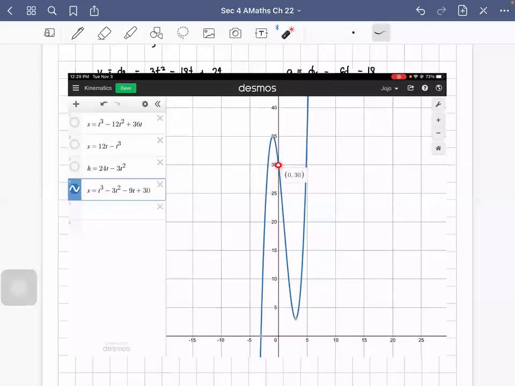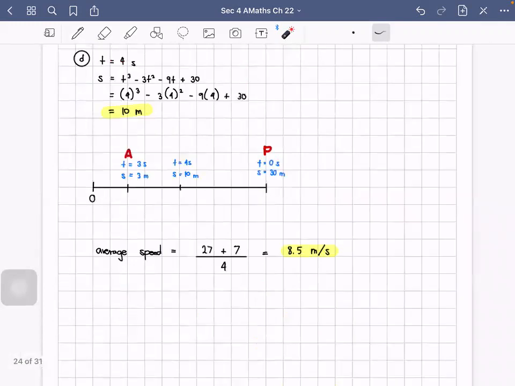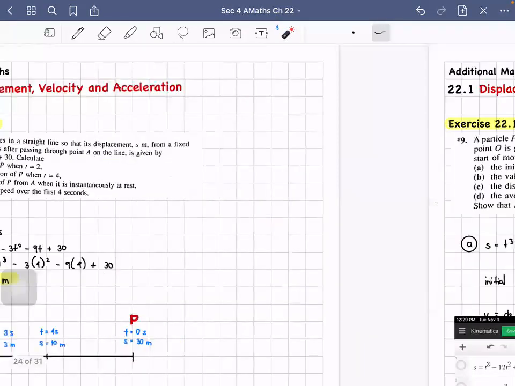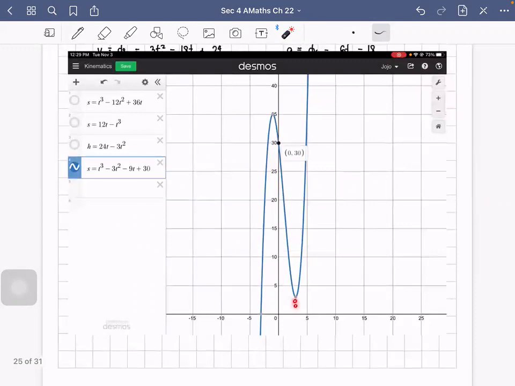So it started here, and then the particle went here, and on the 3-second mark, the particle is just 3 meters away from the origin. Class, whenever you solve for displacement, the answer there is always measured from the origin to that certain place. So this is where the particle is now, which is 3 meters away. So this is 3 seconds as well.